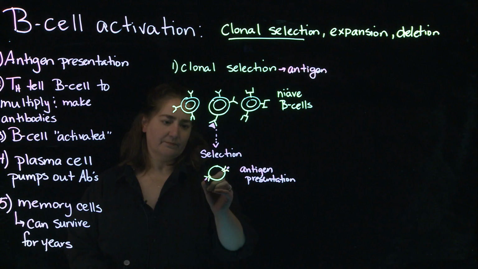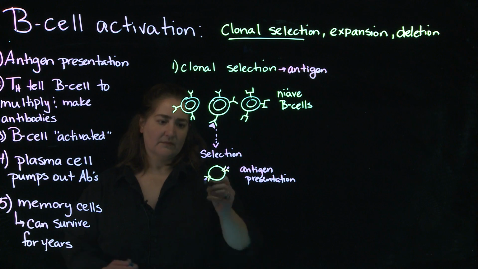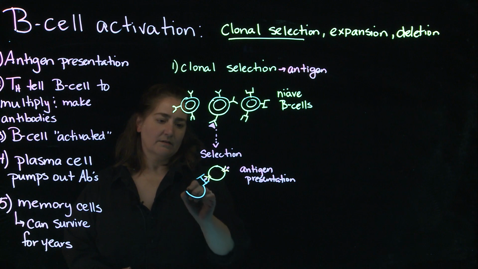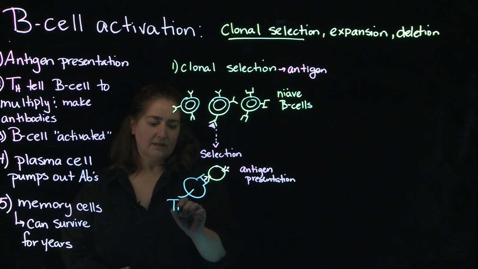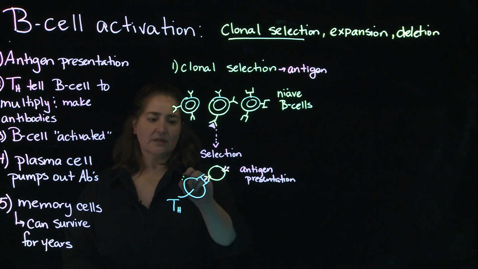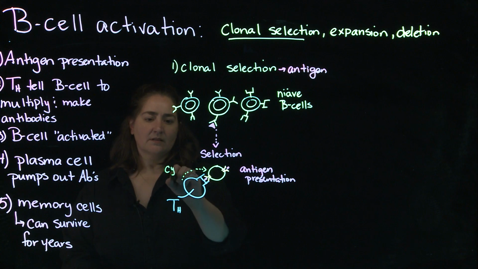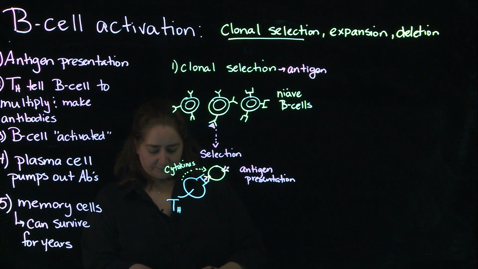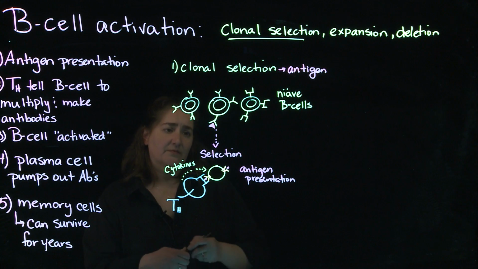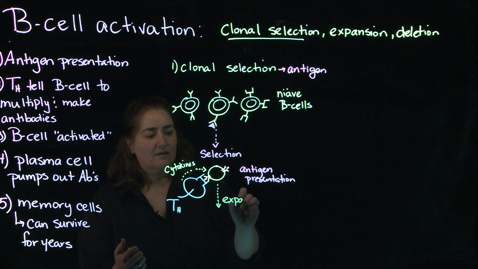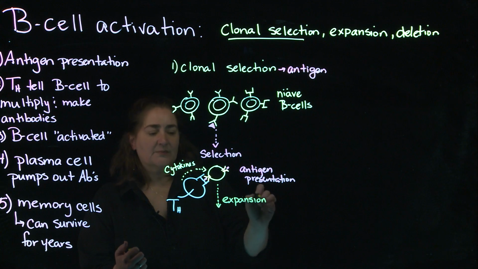All right. This is our T helper cell now, right? And our T helper cell secretes those cytokines. The cytokines that are secreted by that T helper cell, that is then what leads to our expansion.